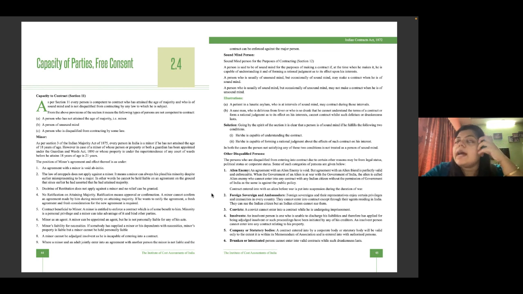So a child, a minor below the age of 18, has absolutely no right to contract.